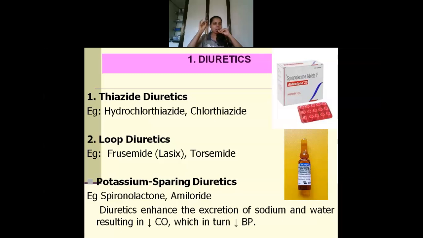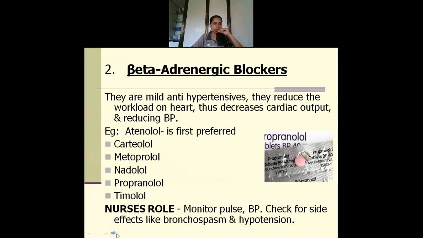So example of loop diuretic, all of you will be aware of it, isn't it? Lasix or furosemide. Thiazide diuretic example is hydrochlorothiazide or chlorothiazide. And potassium sparing diuretic is spironolactone and amiloride. Next is beta blockers. Now beta blockers are also antihypertensives.